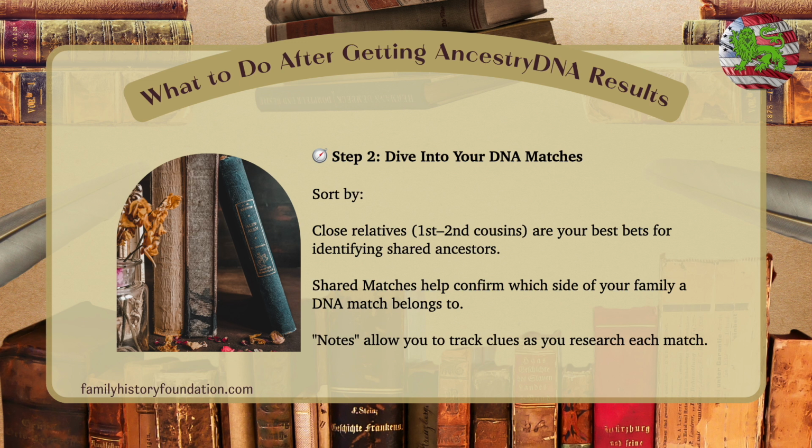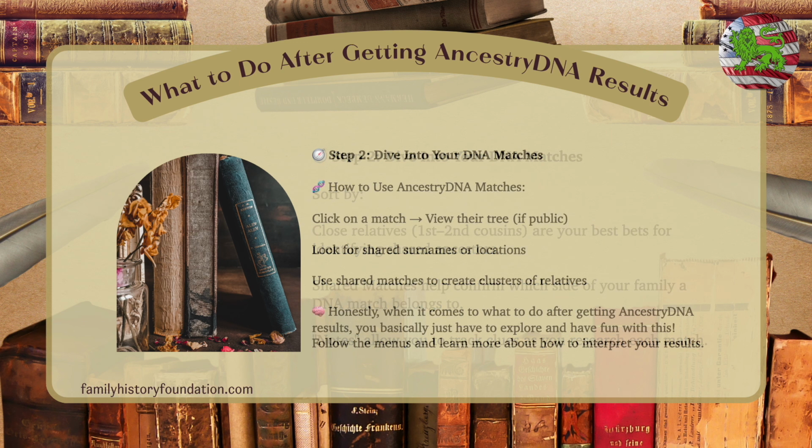And notes: you can add notes to each match, which allows you to track clues as you research each match. And that is very important, as you're going to have a lot of matches. So I take the time to put notes into things, because you'll go back to certain clusters and go, wait, was that the same person I was looking at earlier? So you definitely want to do that.